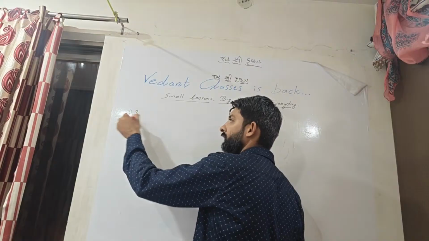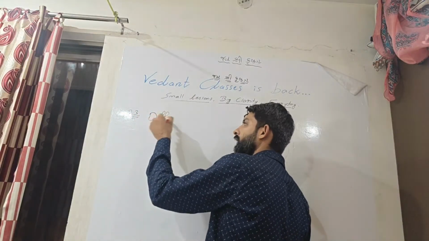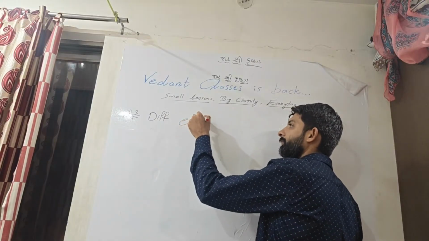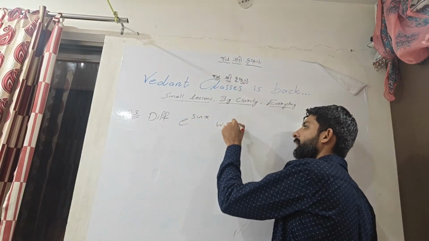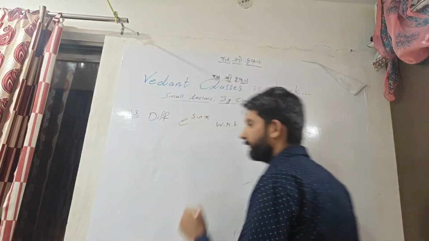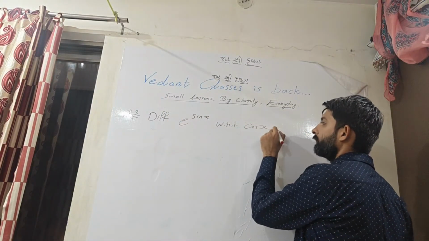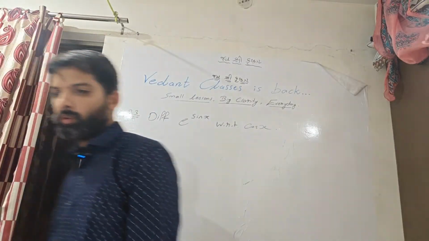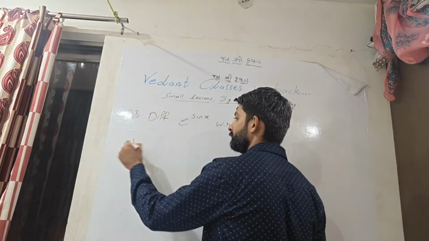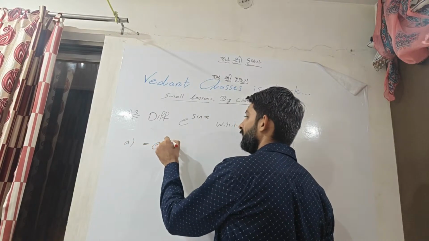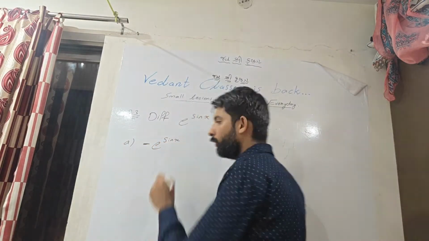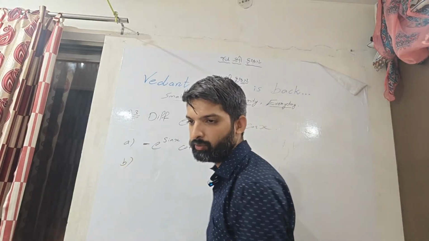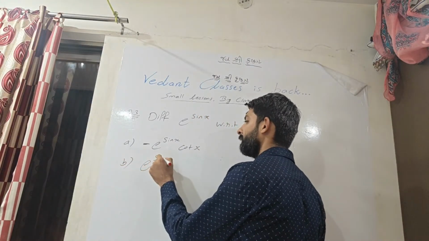Okay, let's solve question 3. Differentiate e raised to sin x with respect to cos x. Options are: A, minus e raised to sin x into cot x. Option B, e raised to sin x cot x.